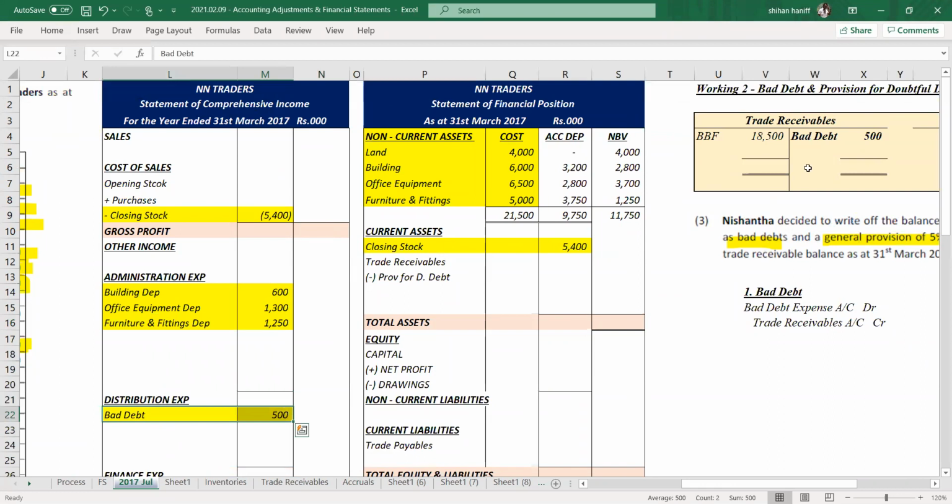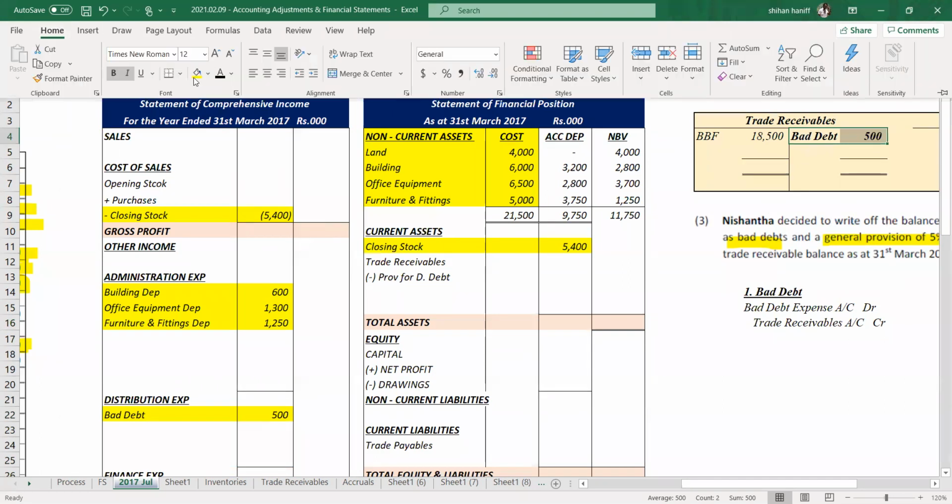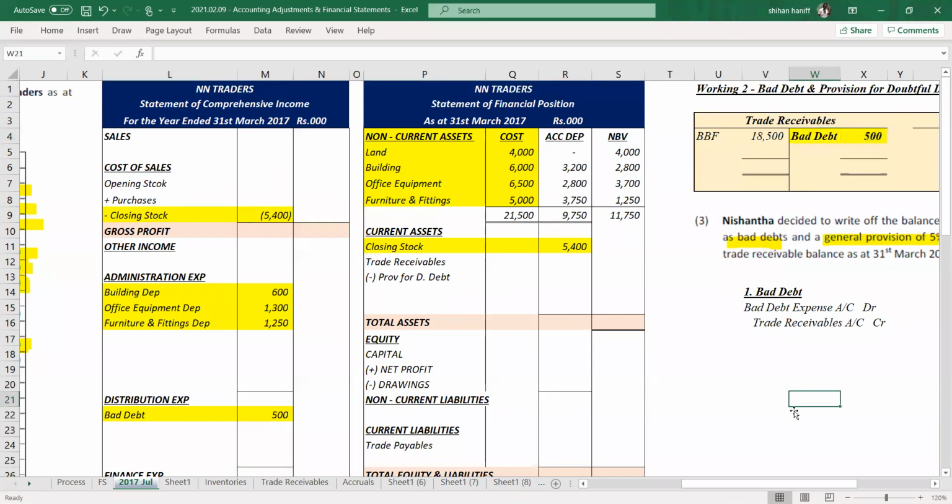Double entry for bad debt: bad debt expense account debit to the income statement, and trade receivables account credit 500.